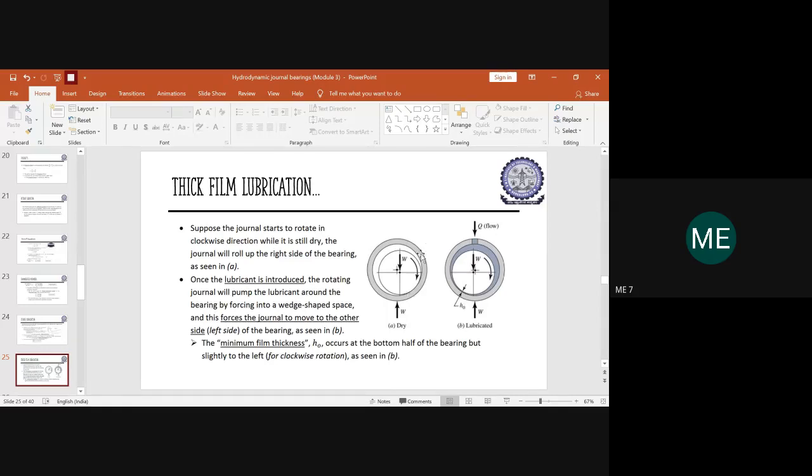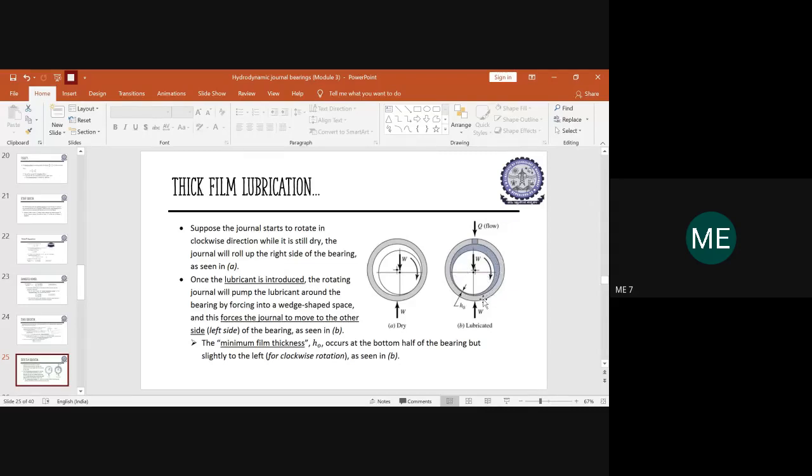I'm sorry. So when there is no lubricant, the journal will move towards your right as shown in the diagram. Once the lubricant is introduced, the journal will pump out with the lubricant film.